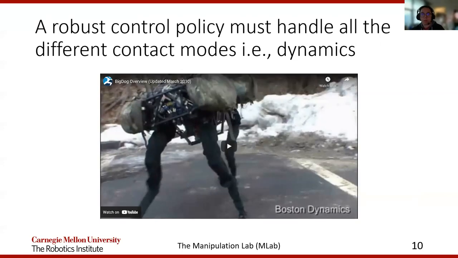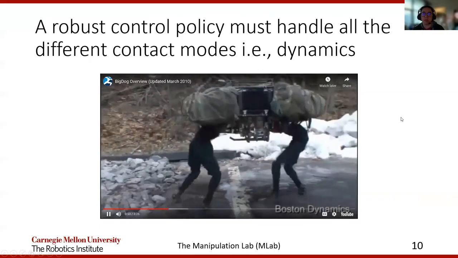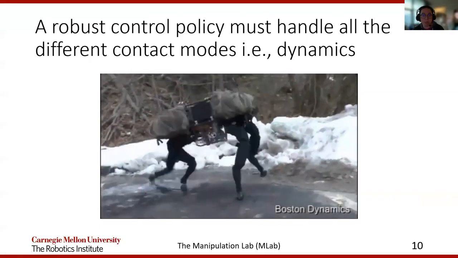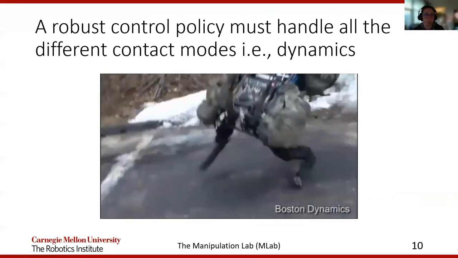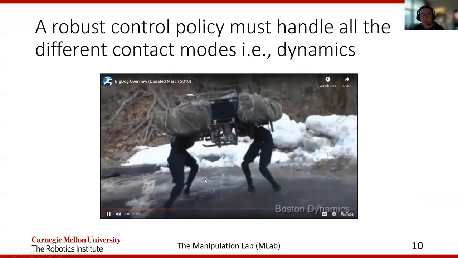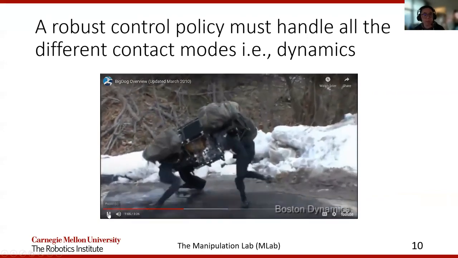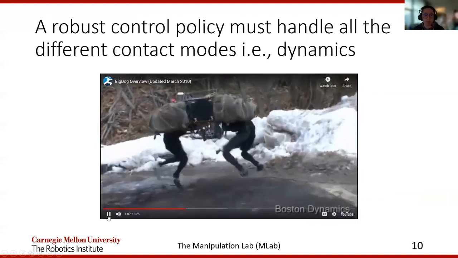This could be useful for control, as a robust control policy must be able to handle all the different contact modes. In other words, all of the different types of dynamics that the robot may undergo. In this video, we see Big Dog slipping over ice and experiencing many different types of contact modes in the process.